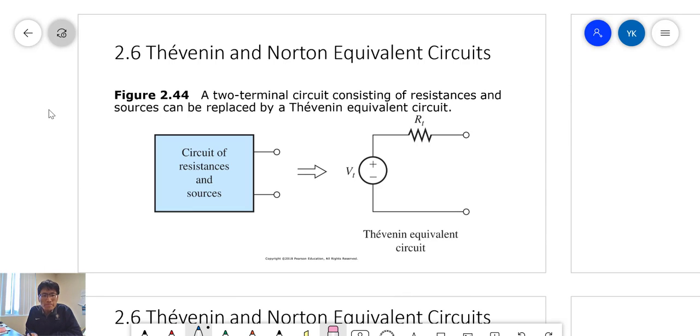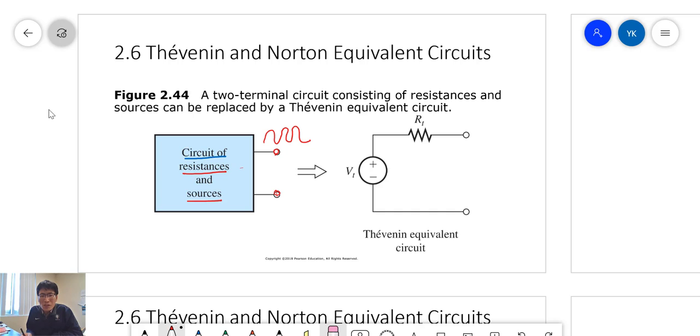Here, one more original circuit consists of several resistances or sources, but we are only interested in the output signal from the circuit, like that. So we don't care about inside of the circuit connections, interconnection, we don't care. So we don't need to draw all the circuit because it's not necessary to know.